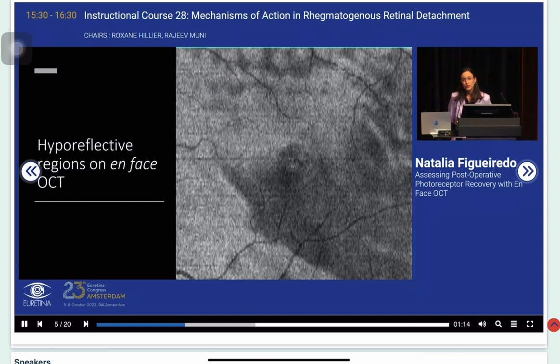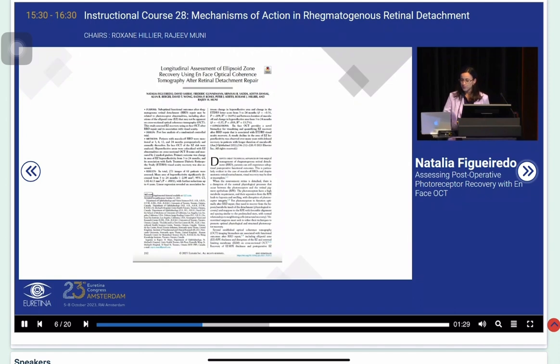We decided to explore the photoreceptor recovery with en face OCT, and analyzing the en face image of the ellipsoid zone slab, we could observe an extensive hyperreflective region. Then, we wanted to explore this formally, so we did a post-hoc analysis of the PIVOT trial.